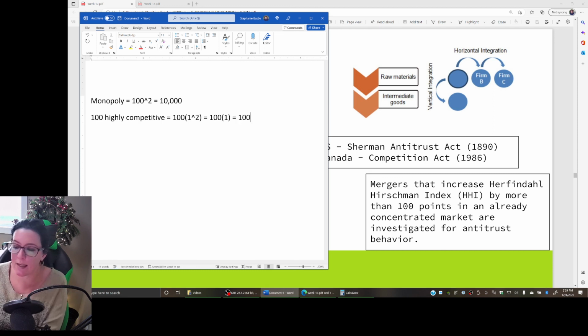So you can see here, if we have 100 companies that each have 1% of the market share, then the Herfindahl-Hirschman Index number is 100. Well, when it comes to the Herfindahl-Hirschman Index numbers and whether or not we allow for horizontal integration, when there is a Herfindahl-Hirschman number above about 1,800, this is considered to be a market that is highly concentrated.